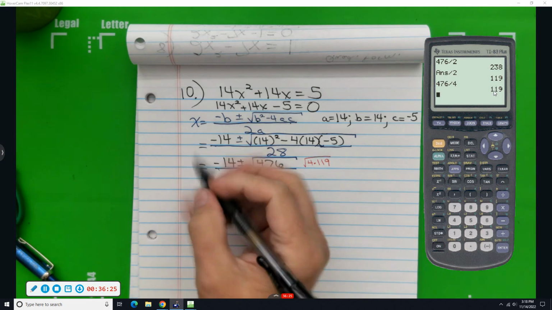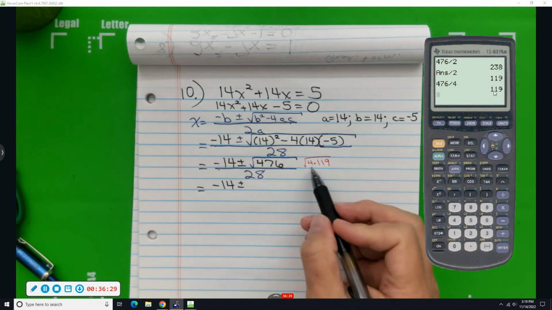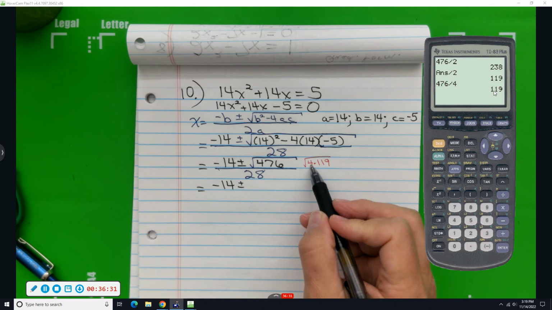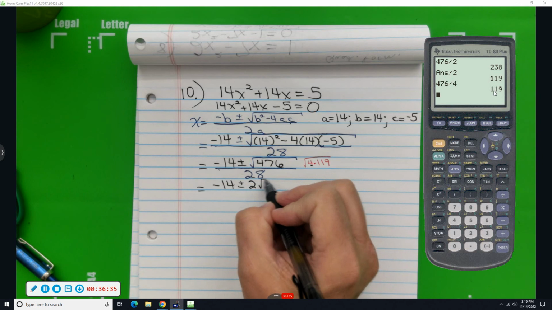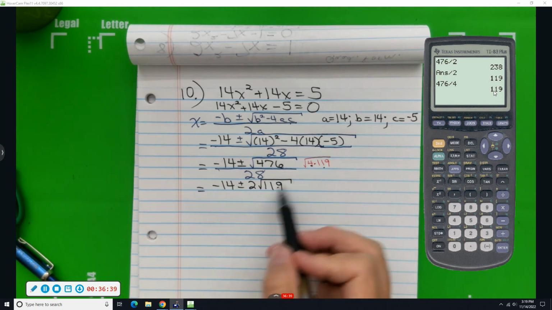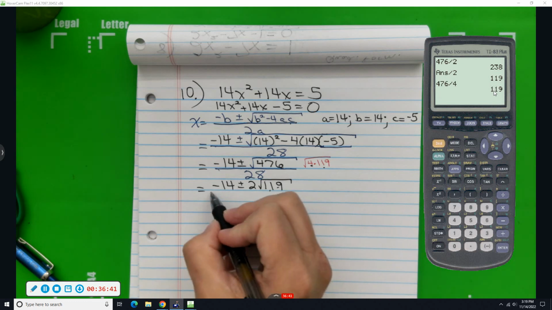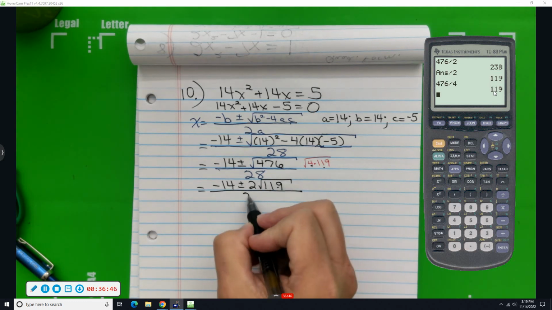So we have a negative 14 plus or minus. The square root of 4 is 2. The 119 stays under the radical. And down here we still have a 28.